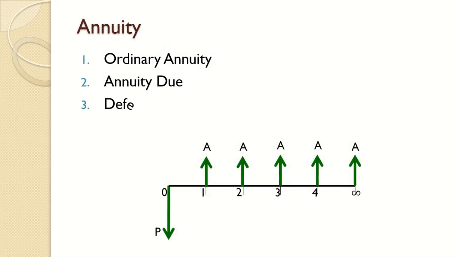The last type of annuity is perpetuity. Perpetual means it never ends. If you have heard about the Nobel Prize, there is a certain man who set aside money and donated it to charity, and every year, I think the Nobel Prize has no end, he set aside a certain amount.